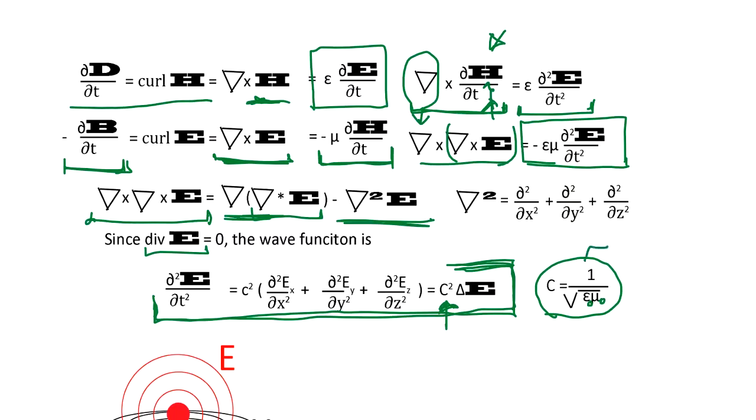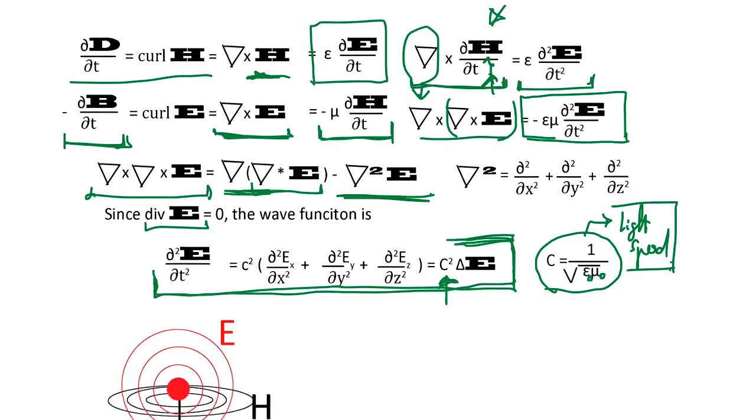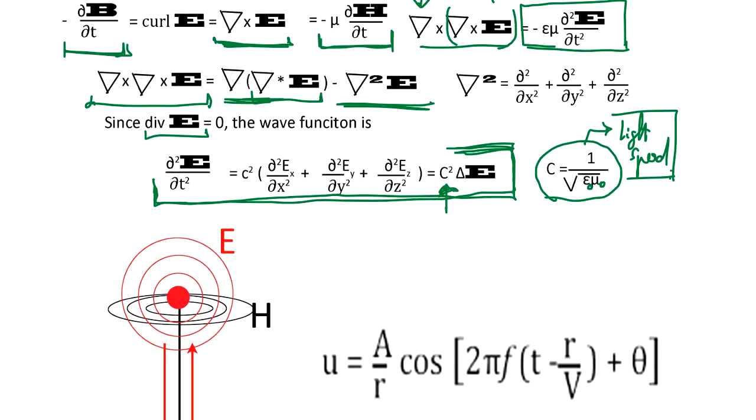So this happened to be the light speed. That was a surprise to Maxwell. Maxwell tried to solve the equations for the electric field and magnetic field interaction and came up with the light speed. Of course, nobody knew why.